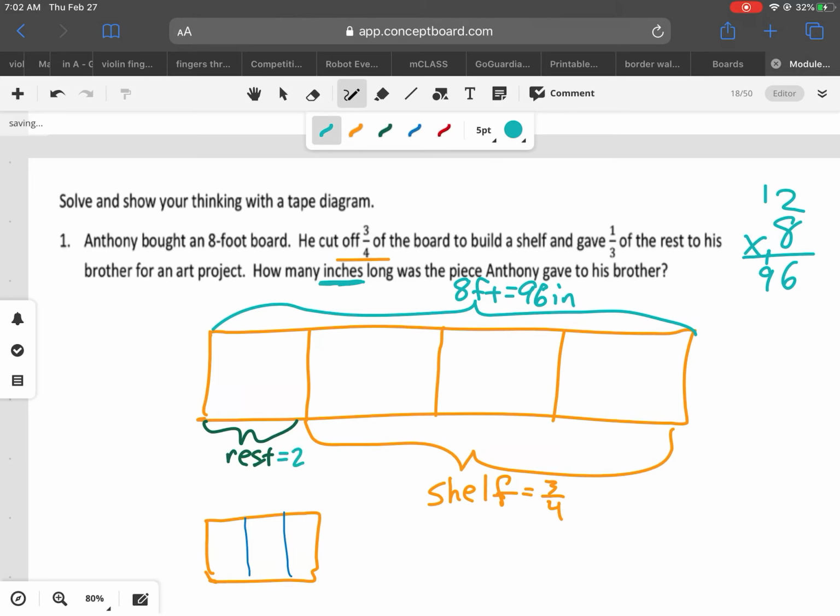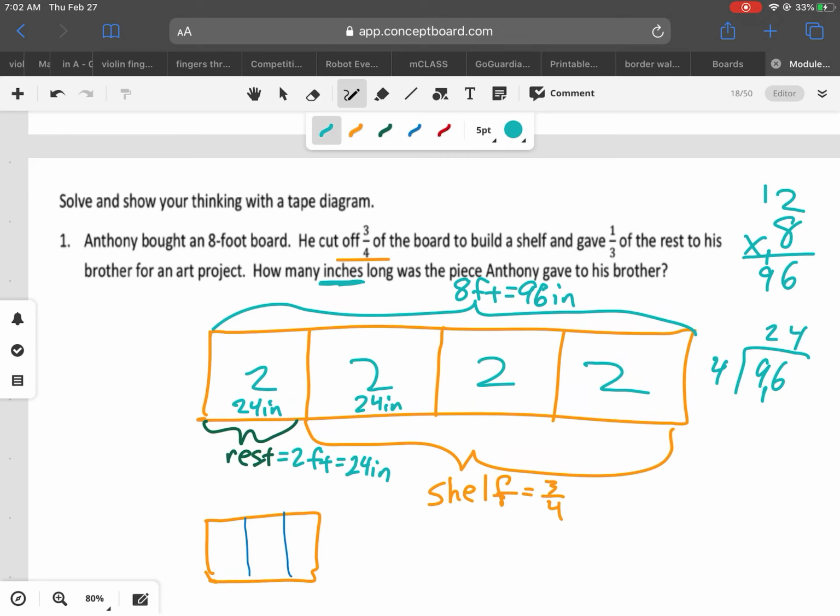So the rest is equal to 2 feet, and then you can change that into 24 inches. If you're not sure, we have 2 plus 2 plus 2 plus 2 equals 8. And those of you that want to do it by changing it to 96, it's 96 divided by 4, and you have 24, so it's 24 inches, because we're dividing it evenly.